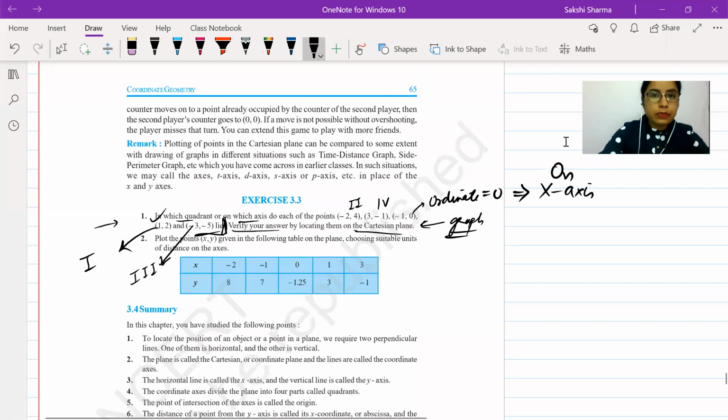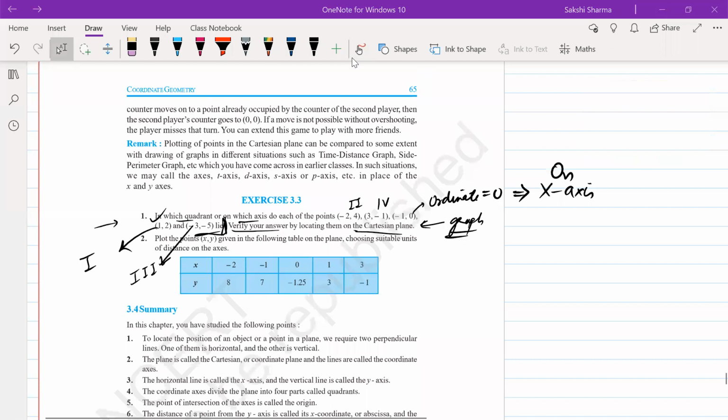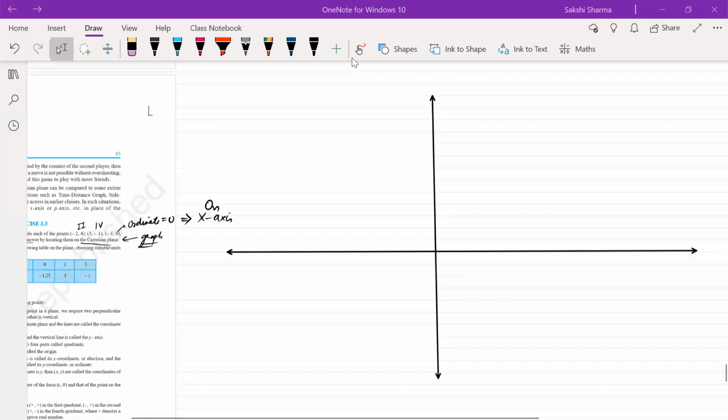Let's quickly plot these. So start by two mutually perpendicular lines and mark them as x-axis and y-axis. Mark the origin and then you can mark the points.